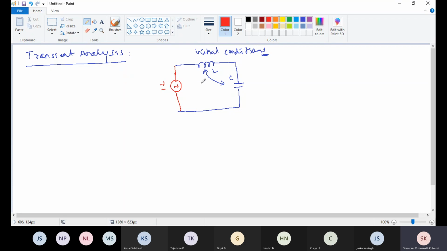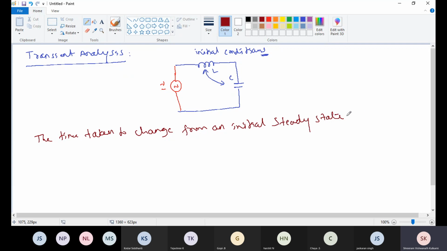The time taken to change from an initial steady state to its final steady state, we are going to call this a transient period.